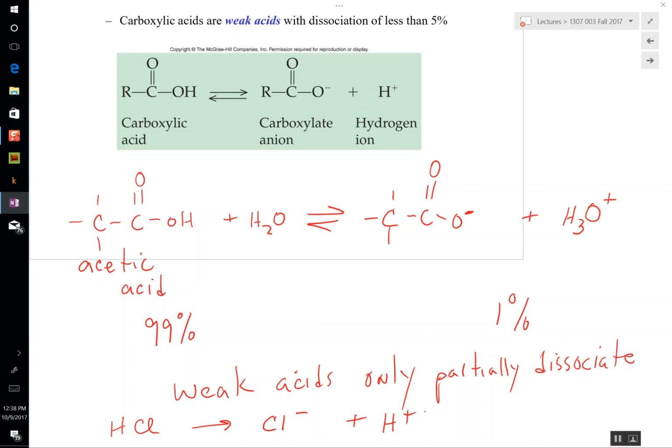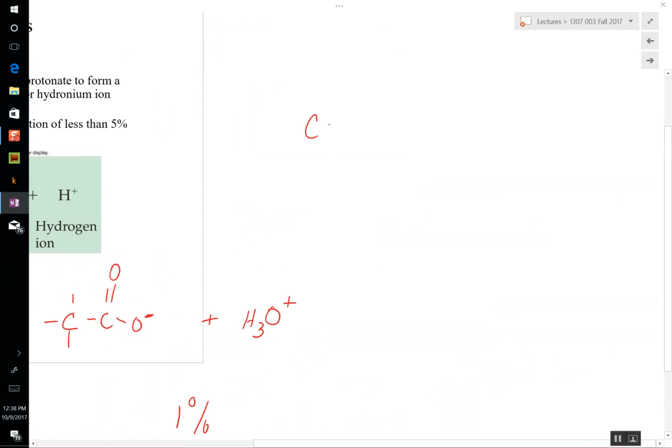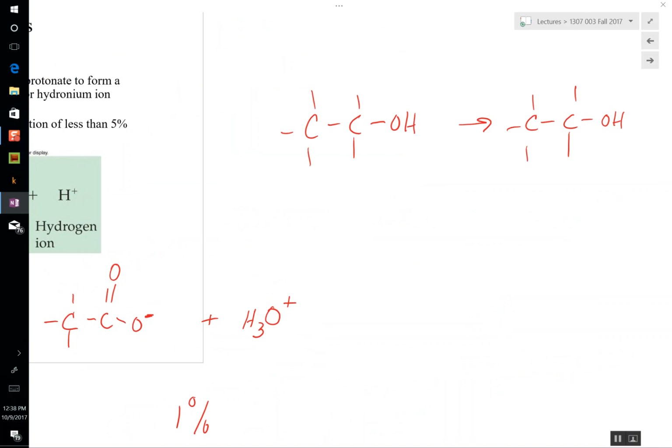But, and I have mentioned this before, you put ethanol in water and you get ethanol in water. Nothing happens to that H. That's not acidic on an alcohol. An OH on an alcohol is not acidic.